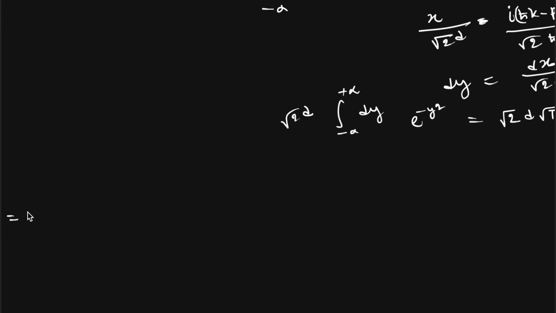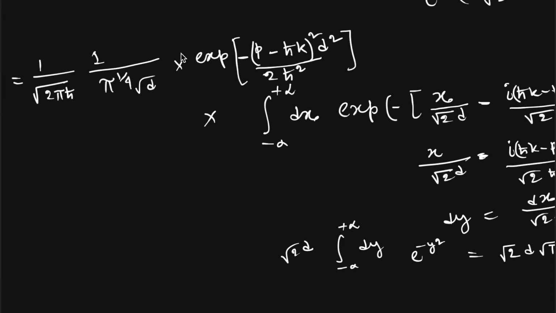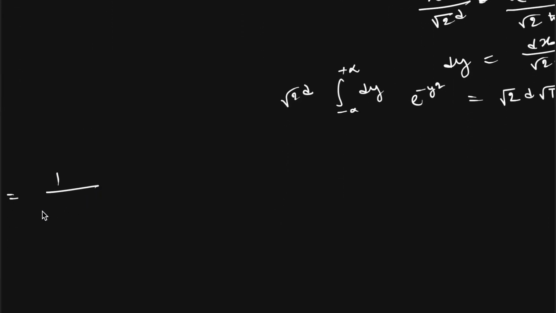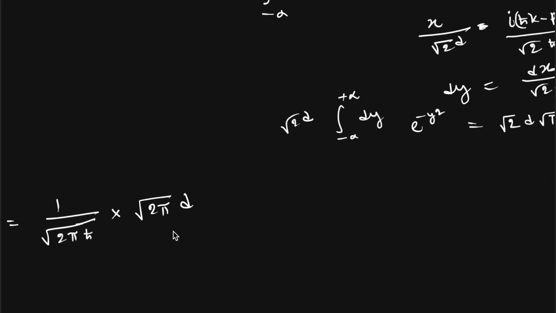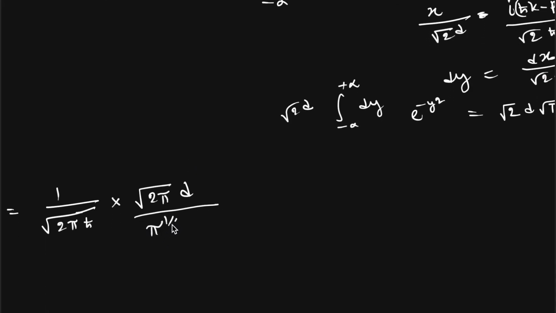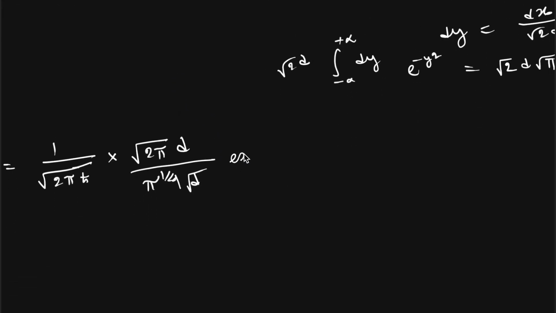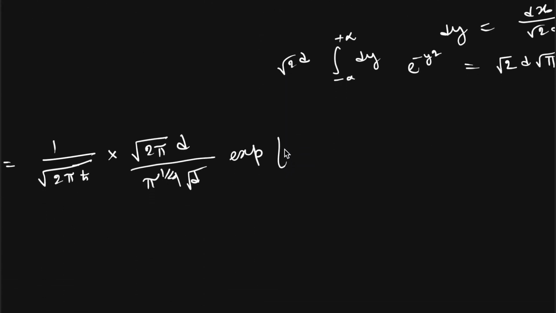So that means our final result will be 1 by root over 2π ħ into root 2π times d by π to the power 1/4 root d, exponential of minus (p minus ħ k) d by ħ its square.